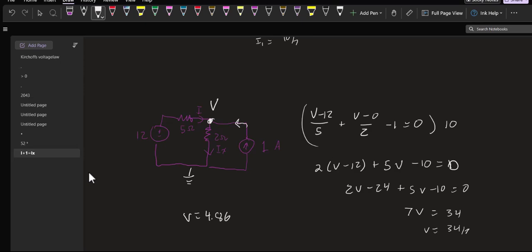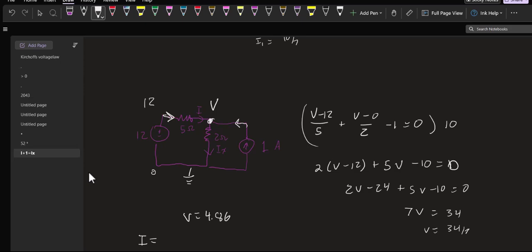Now let's get our currents. I is the current going in this direction. Ohm's law tells me that I equals the voltage on the left, which is 12, because this is 0. So on the other side of this voltage source, it's 12.